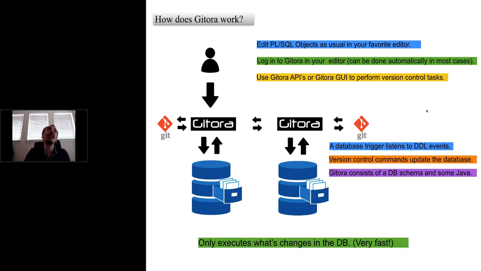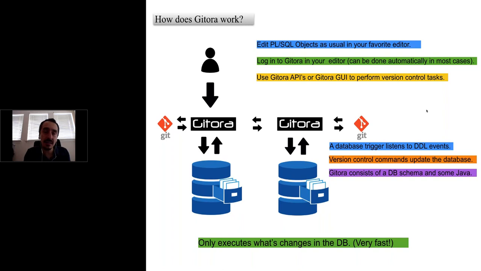So if you create a package or a function or whatever, Gitora detects that and writes it as a file to the file system so that Git can understand it. So we have a working directory. This is called the working directory in Git, probably in other version control tools as well.